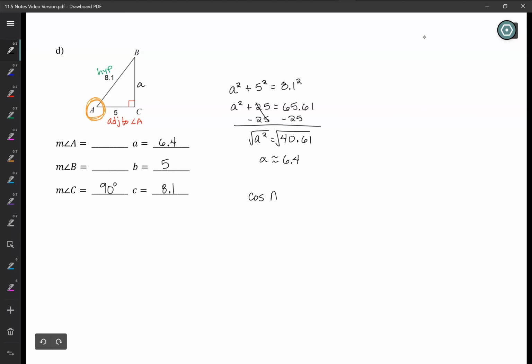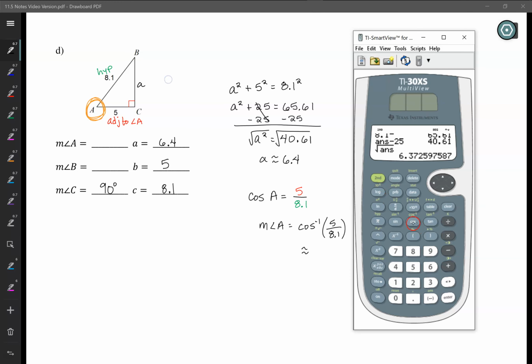So the cosine of angle A is adjacent 5 over hypotenuse 8.1. That means that the measure of angle A is the inverse cosine of 5 over 8.1, which is about 51.9 degrees.